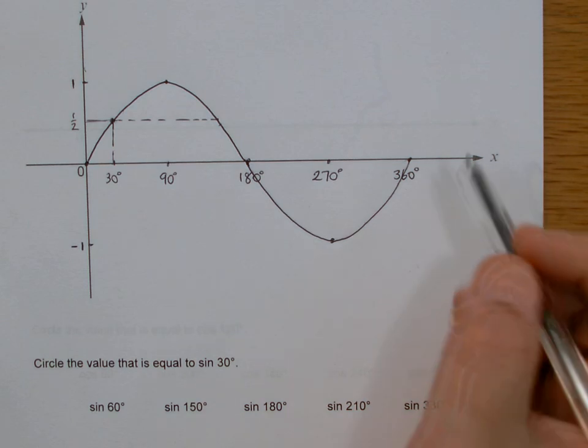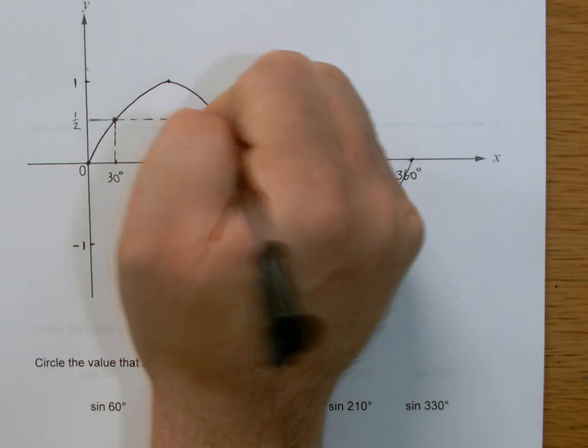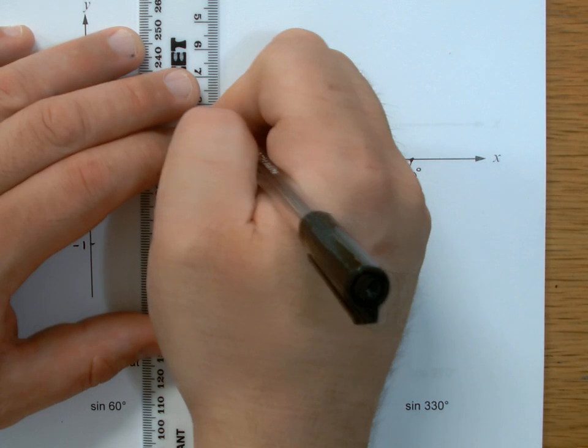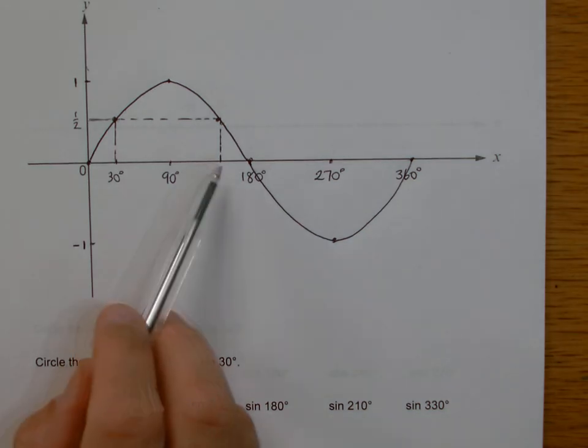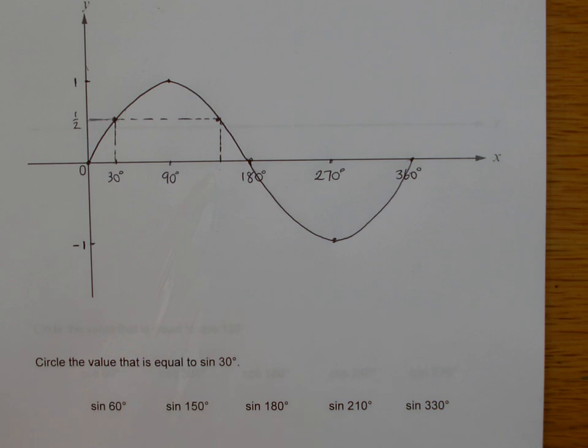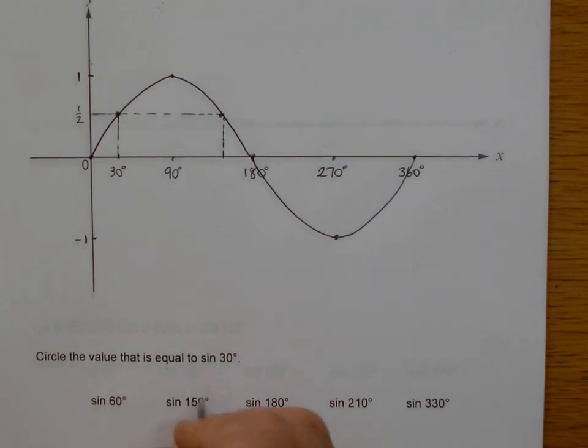This value here, and we would need to then determine which one of these down here would best match that particular angle there. So the one that's closest, you can see obviously, is 150 degrees.